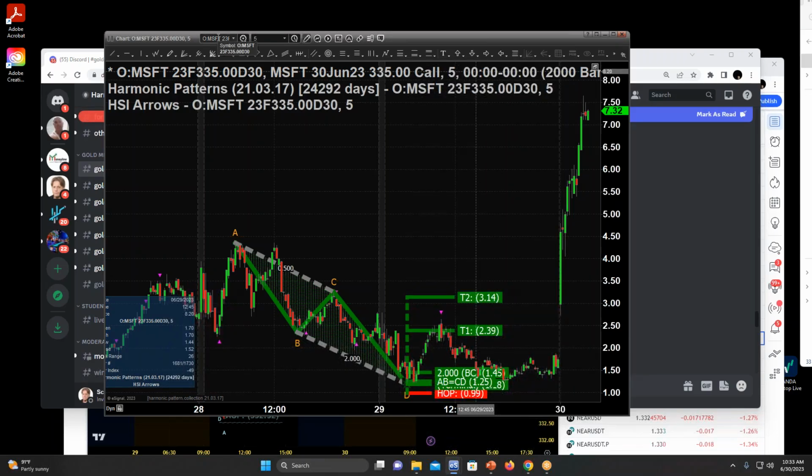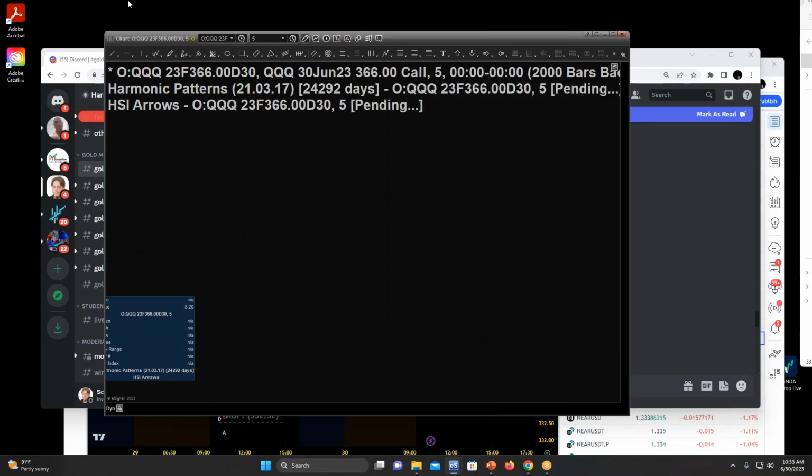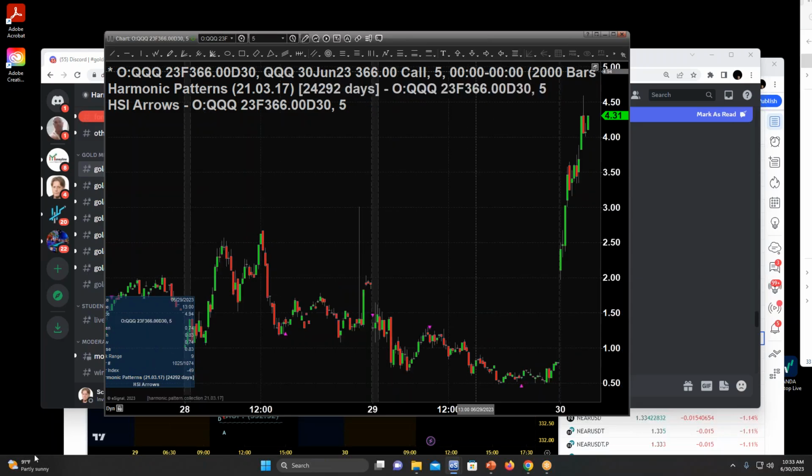Now 7. Here's the QQQ. The 366s. There you go. They have $4. 4 and change.